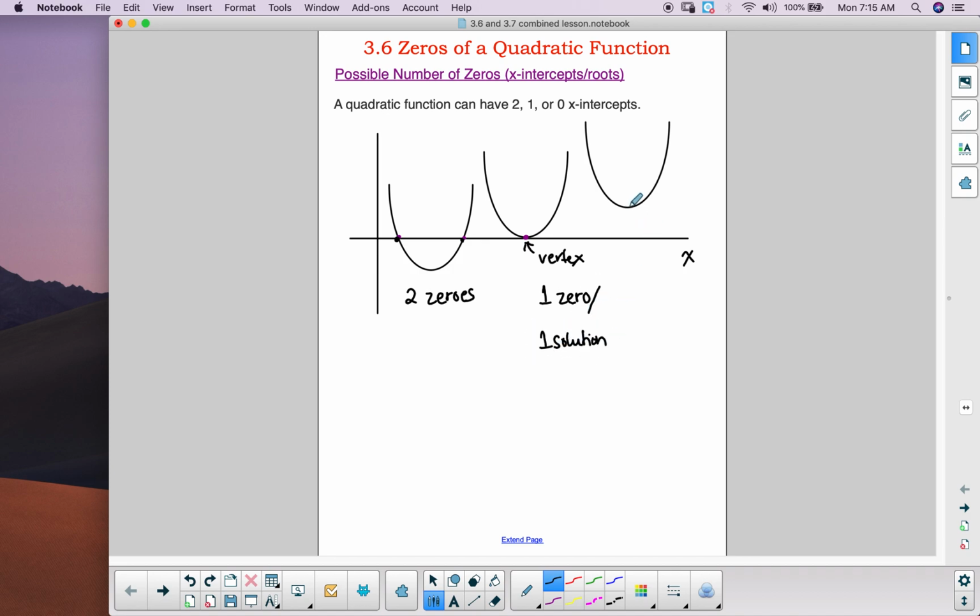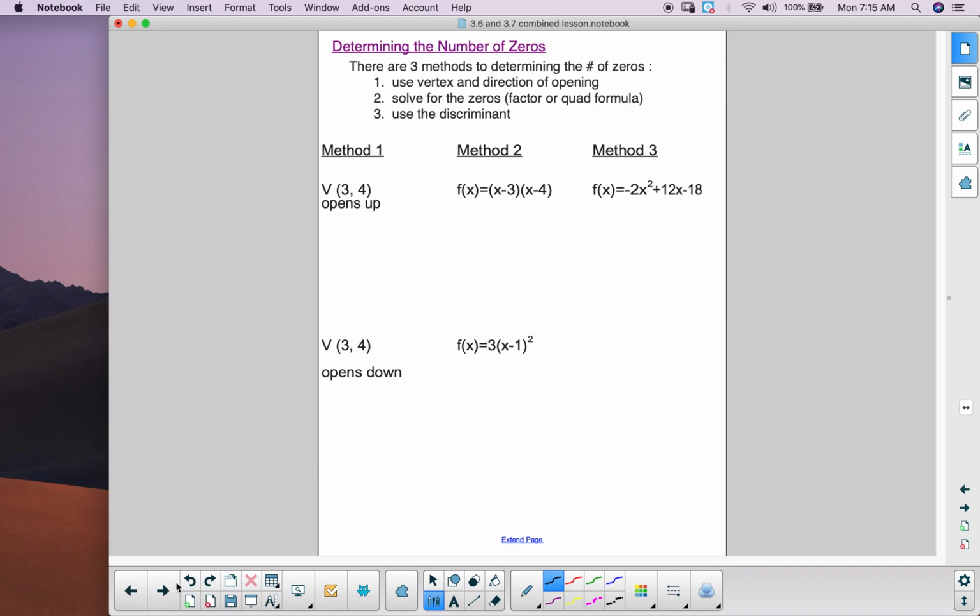And there are also scenarios where it never touches the x-axis, like in this case here, there's no solution, no zero. So you can have three scenarios that happen with a quadratic function. It can have two x-intercepts, one intercept, or zero x-intercepts.